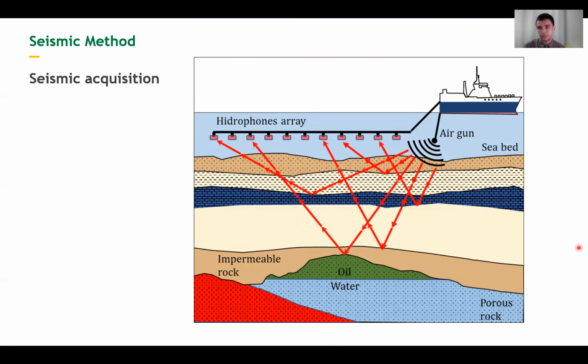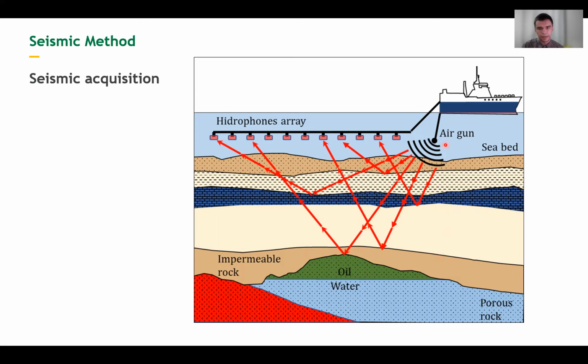The oil industry uses reflection seismology as a primary indirect method for investigating the properties of the subsurface. This method uses a controlled source of acoustic waves and receiver arrays, hydrophones, to record the transit time and amplitude of acoustic waves reflected by interfaces between contrasting rock types.